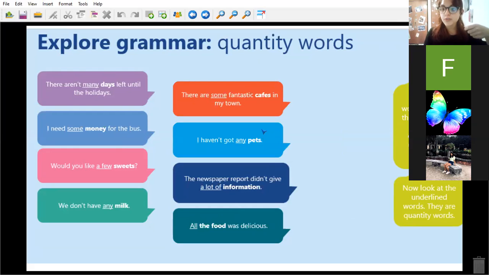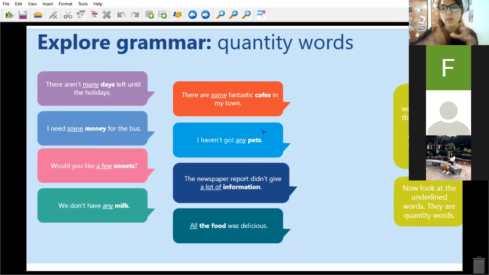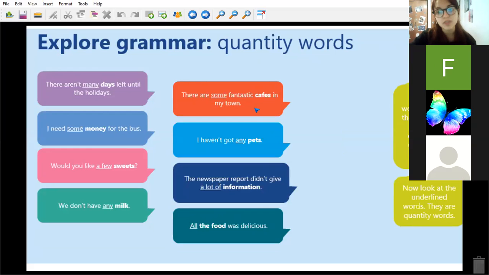And coffee with double F and double E is the drink. So coffee is uncountable, but cafe is countable because it's a place. So in this case, cafe, what is it? Countable. Very good.